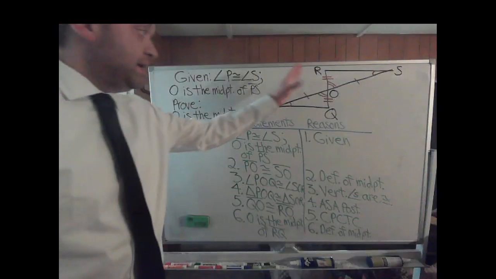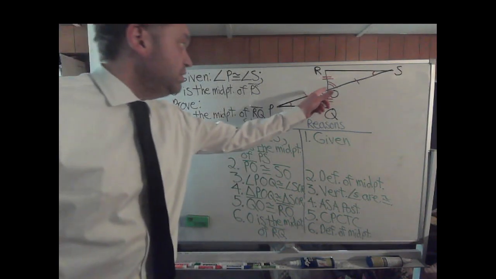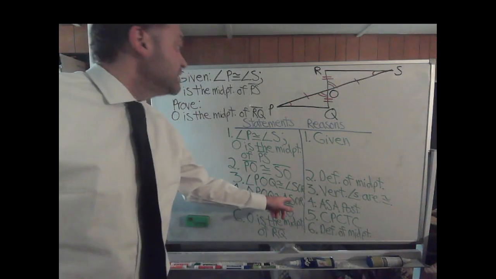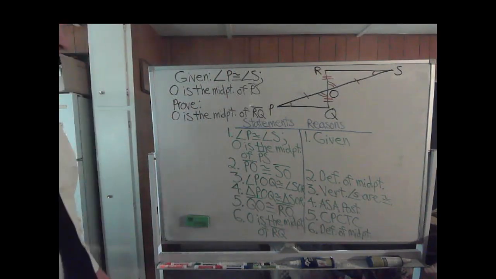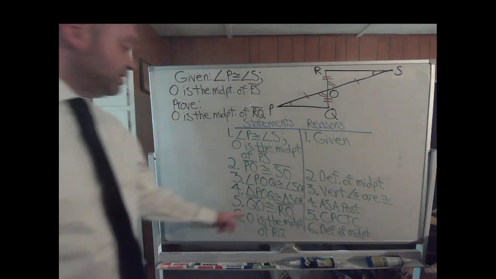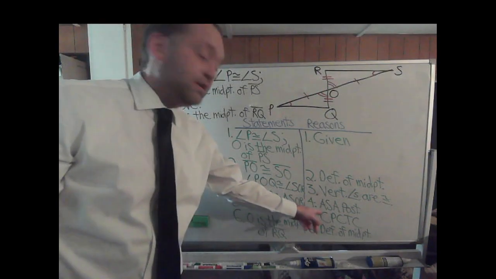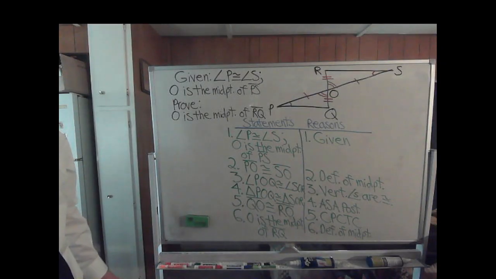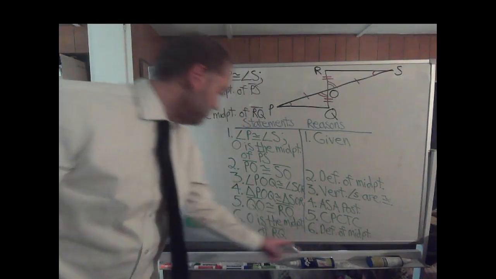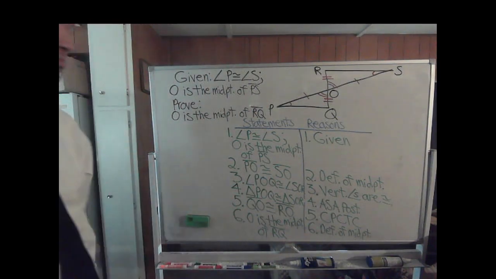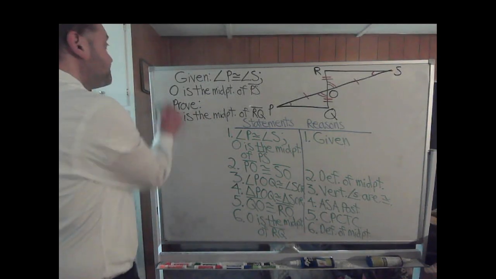Next, based on what we had in our diagram and what we've done so far, we can actually determine that triangle POQ and triangle SOR are congruent to each other by the angle side angle postulate. Next, we can determine that QO is congruent to RO by CPCTC. Congruent parts of congruent triangles are congruent. And then if QO is congruent to RO, by the definition of midpoint, O is the midpoint of RQ. So that's how we got from here to here with those 6 steps.